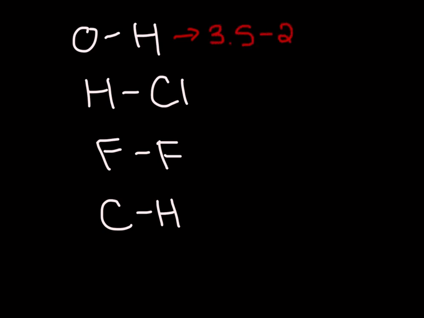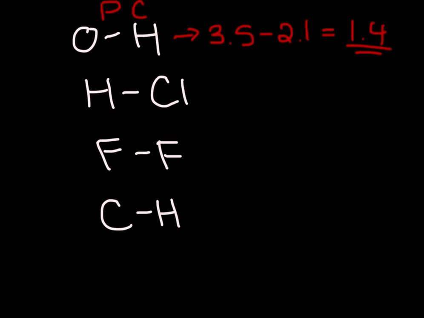So oxygen has an electronegativity of 3.5 and hydrogen of 2.1. When subtracting these, you get 1.4, and as we said before, that determines if it's polar or nonpolar. A number higher than 0.5 will be polar, therefore this bond is polar covalent.